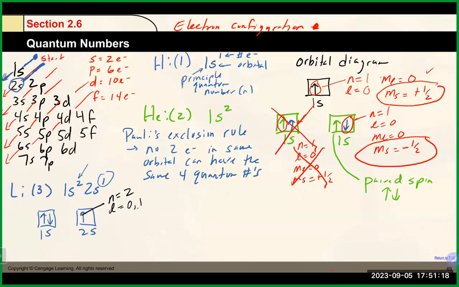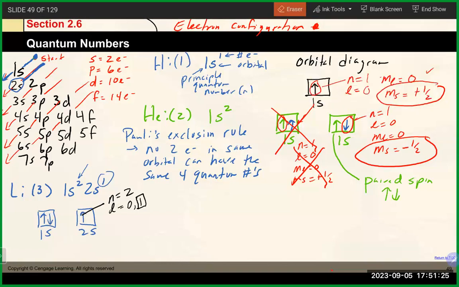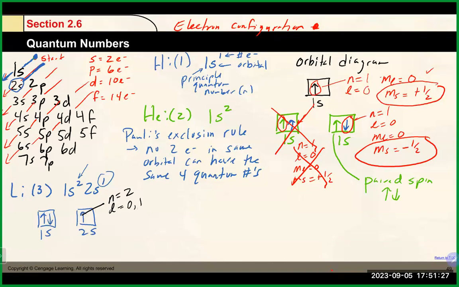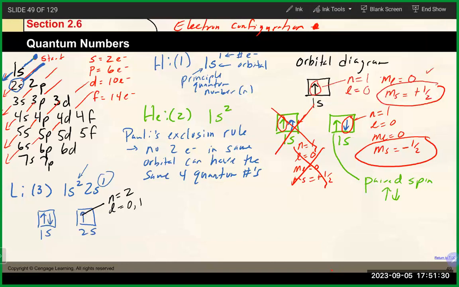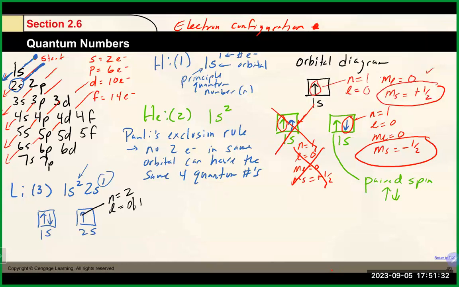It actually should be 0 in this case, because our electron is in the s orbital. That means that our m sub l value here will be 0, and our m sub s will be plus 1/2 in this case. Any questions on that there?